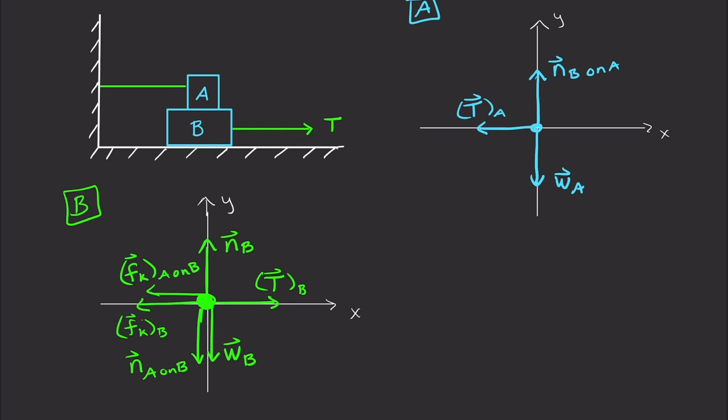And if A moved to the left, then the friction would be to the right, or in the opposite direction as the friction from A on B.